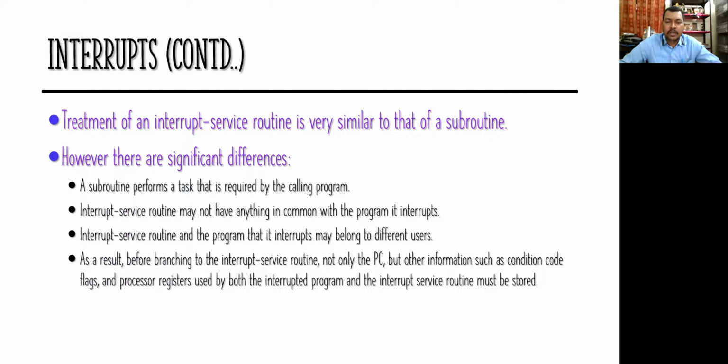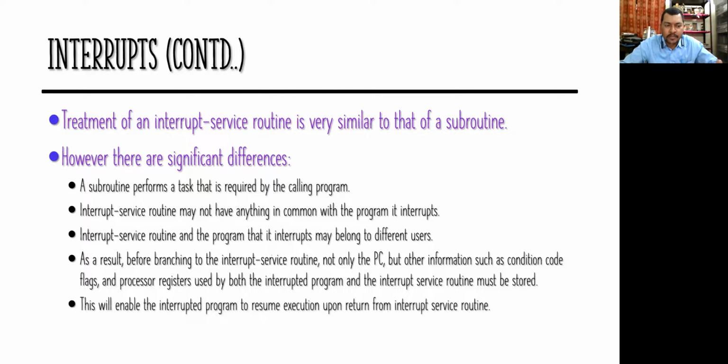So as a result, before branching to the interrupt service routine, not only the program counter, but other information such as the condition code flags and processor registers used by both the interrupted program and the interrupt subroutine must be stored. तो पूरा का पूरा डेटा जो ऑलरेडी प्रोग्राम में था, ये पूरा का पूरा डेटा कहीं तो भी सेव हो जाना चाहिए, so that as soon as ये इंटरप्ट सर्विस रूटीन जैसे ही खत्म हो जाएगा, तो हमारा पुराना डेटा प्रोग्राम का जो हमारा रिक्वायर्ड डेटा था, that is available for the program for the processing.